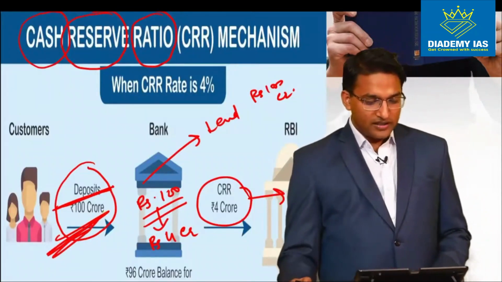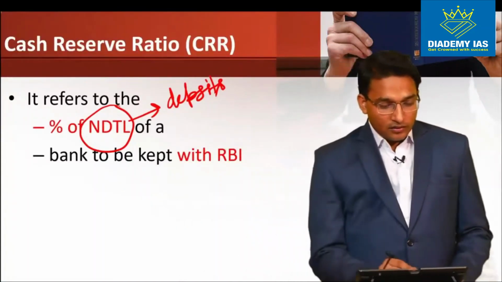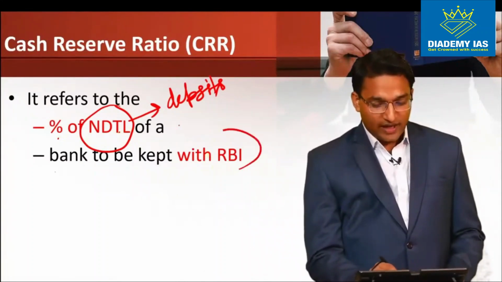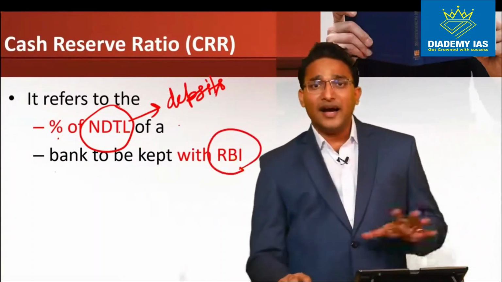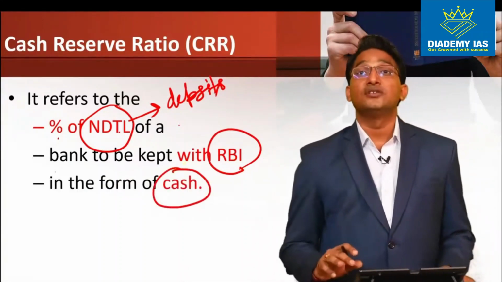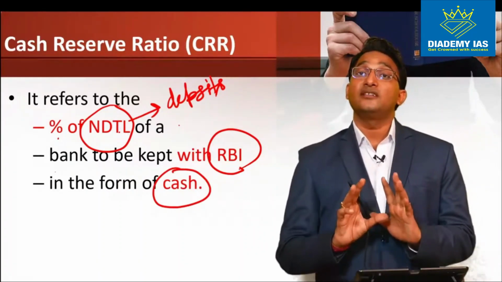So it is a percentage of NDTL of a bank to be kept with the RBI. This amount will be kept with the RBI in the form of cash. Please take care, this is cash.